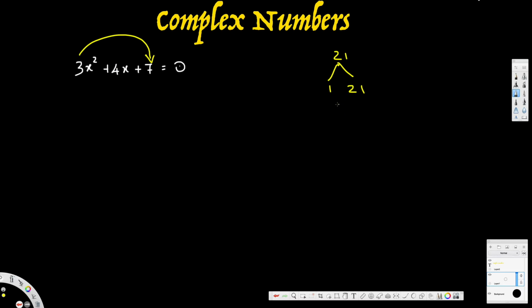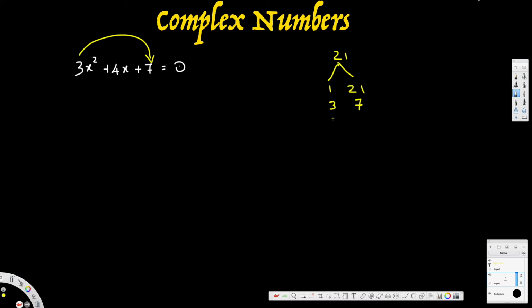Another possibility is 3 times 7 is 21, but when we add them we have to get 4, and 3 plus 7 gives us 10. We cannot get that.